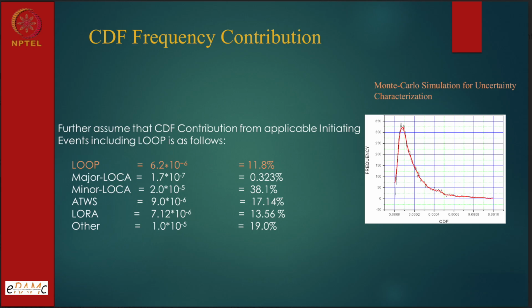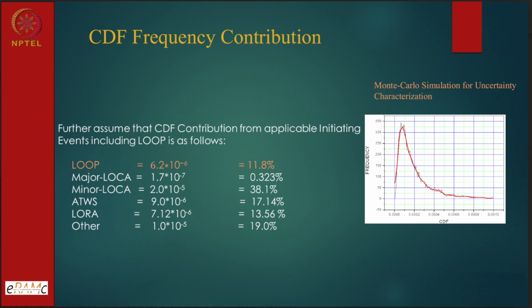So the advantage of generating this curve is that we have the uncertainty characterized by a lower bound, an upper bound, and then we have the mean value also. The peak will show the median value, because in a lognormal distribution we take the median value instead of the mean value. So the peak value will indicate the median value, which we can see on the CDF, that is the x-axis, and these are the frequencies.